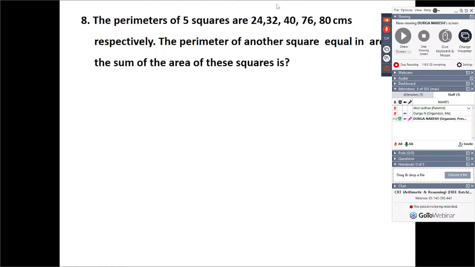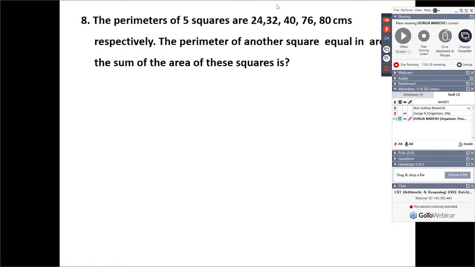So what is the side of the first square? 6. The area is automatically A square, 6 square. The second area is 8 square, the third area is 10 square, like that. Read the problem clearly.